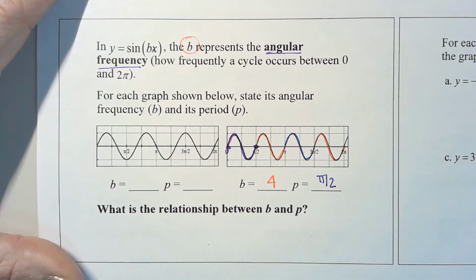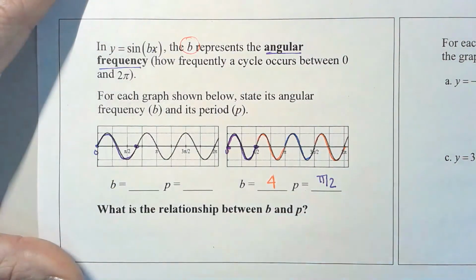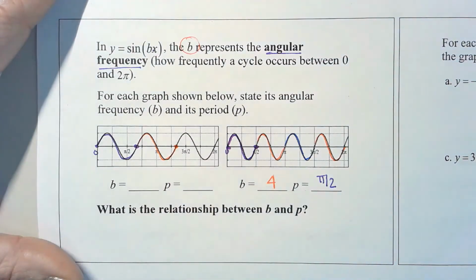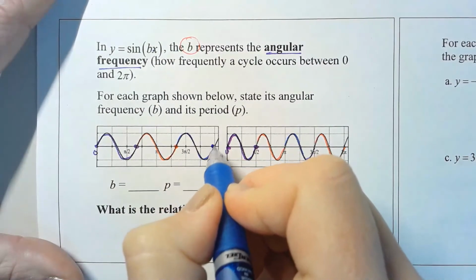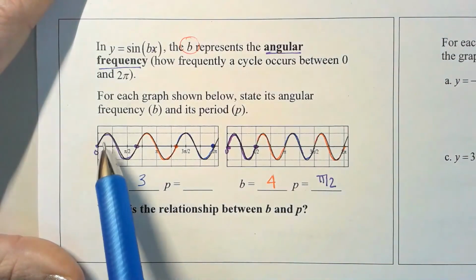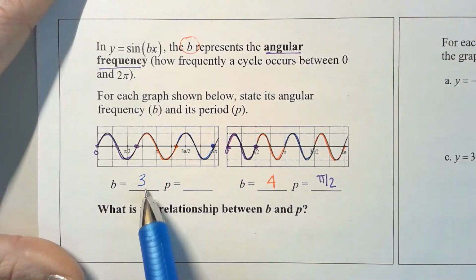Let's do the same thing with this first graph. Again, we're starting at 0. There's 1 sine graph. There's 2 sine graphs. There's 3 sine graphs. So again, my angular frequency, how many of them did I get in by the time I got to 2 pi? That's 3.